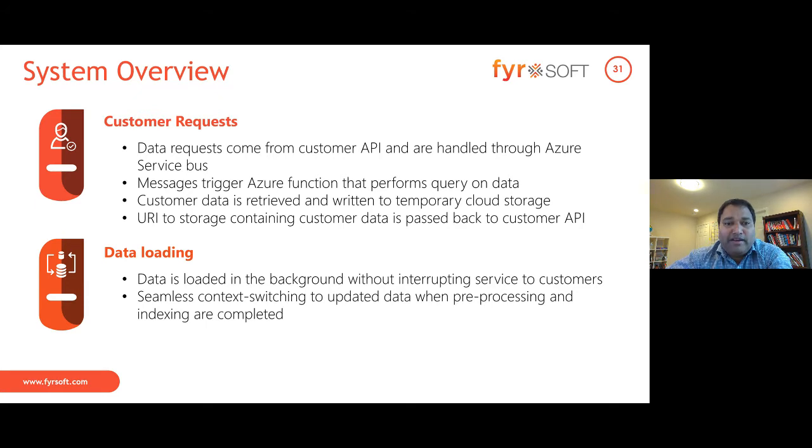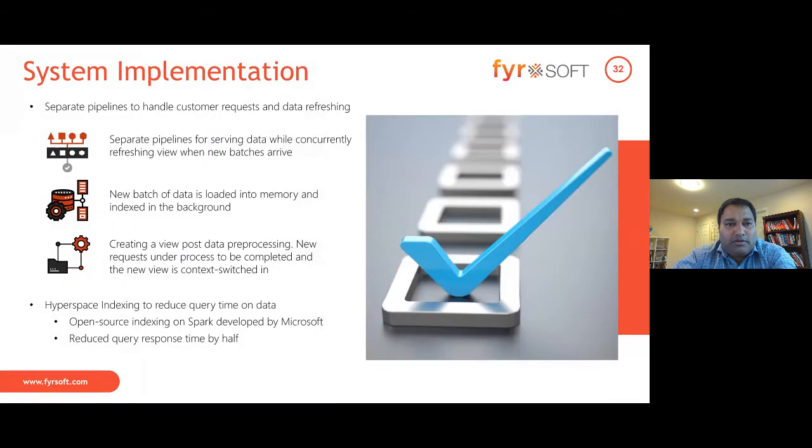At the same time, we were able to take another job and build the view so that we can seamlessly switch context whenever we load data into the Synapse Spark pool. So we had two separate pipelines, one for serving the data and one for refreshing the batch.